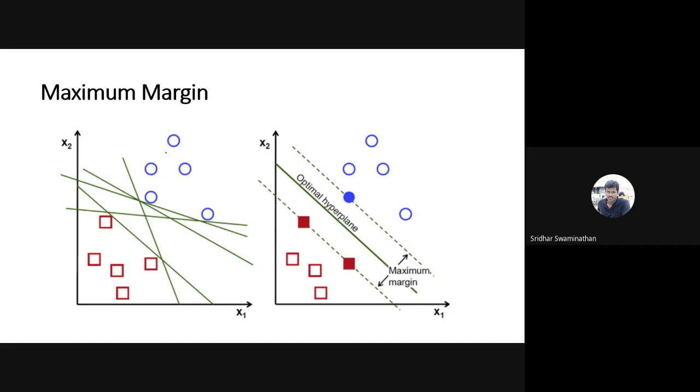The maximum margin model is one which goes in the middle of both the classes and has a maximum margin between class A and class B. So this is the model and this is the margin, and the margin is maximum. For all these other models, the margin is minimum. It is very, very close. So we want to build a model which has a maximum margin.